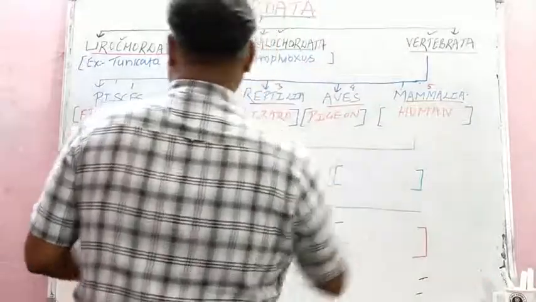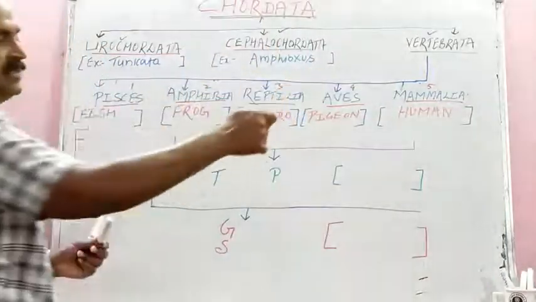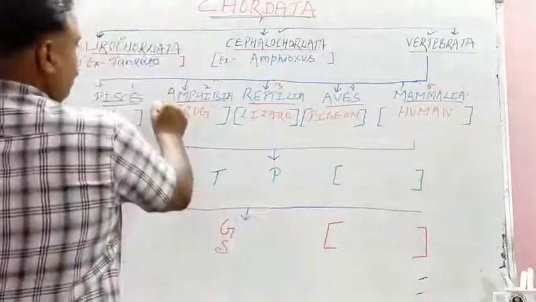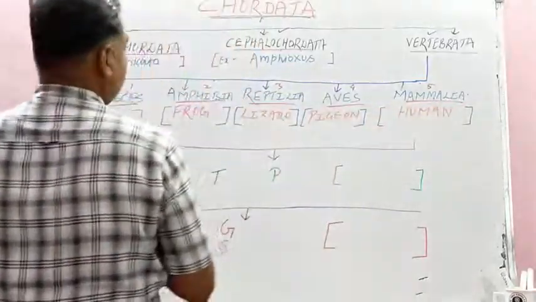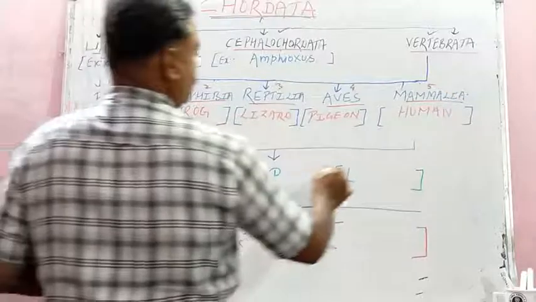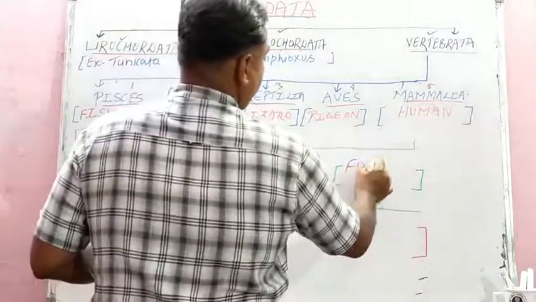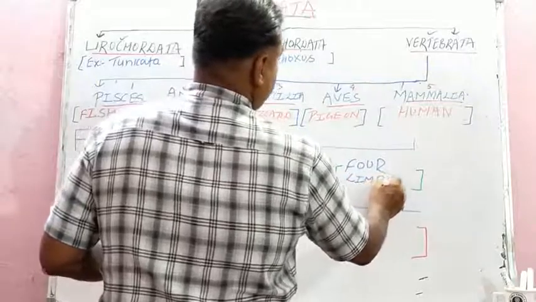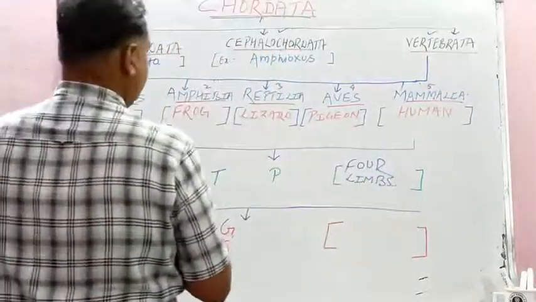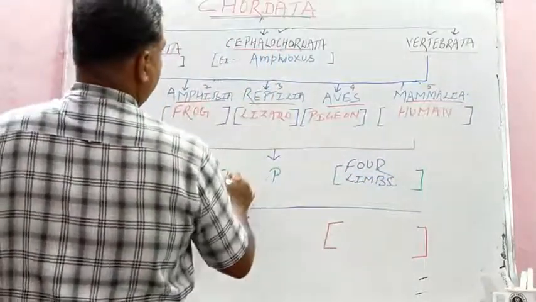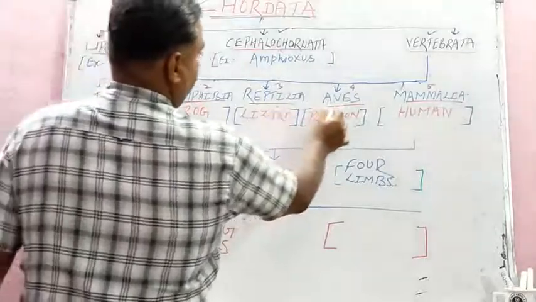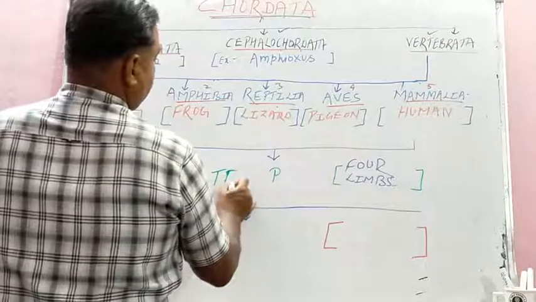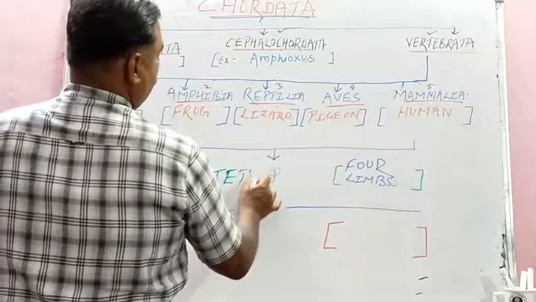And out of these 5 classes, from Amphibia till Mammalia, they have 4 legs, 4 limbs. So they are categorized in Tetrapoda. Amphibia, Reptilia, Aves and Mammalia, children, they are categorized in Tetrapoda.